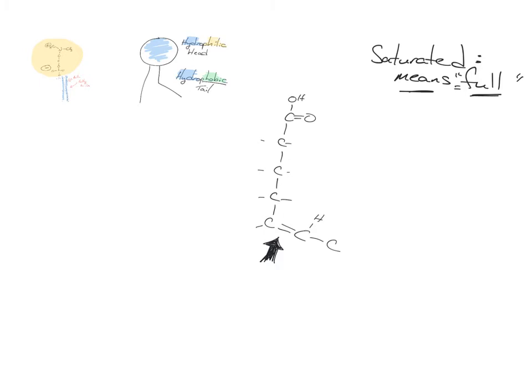So now, how many bonds can carbon have? 4. So this carbon has 1, 2, 3, 4. So it is what? Saturated. Now a saturated fatty acid looks more like this.